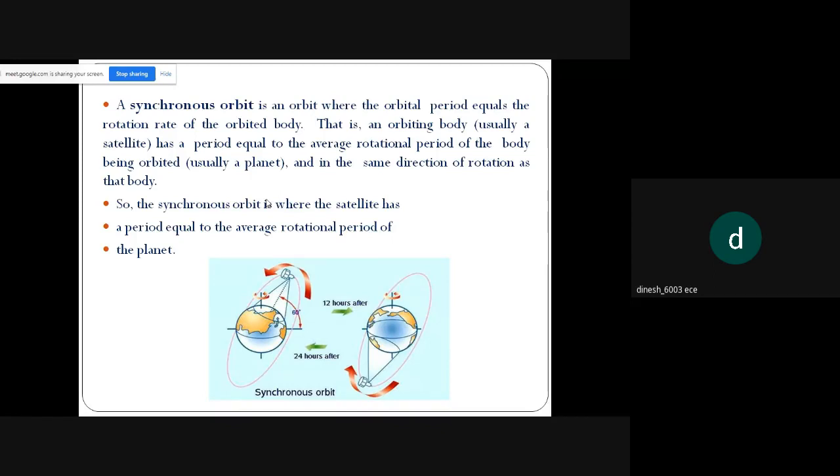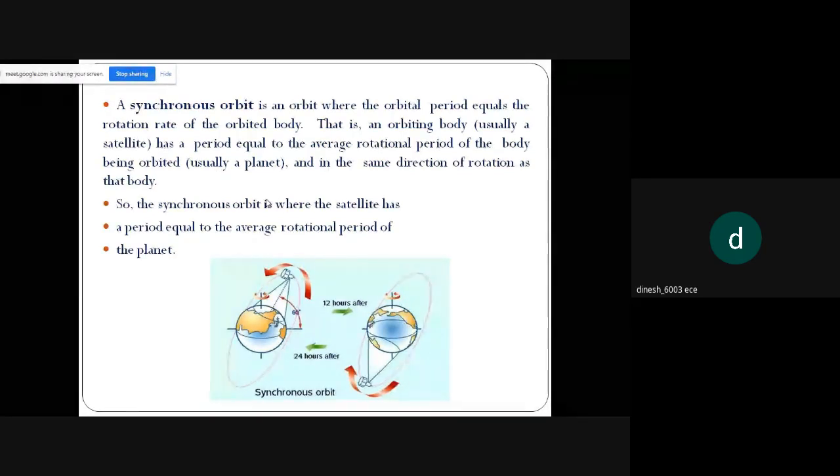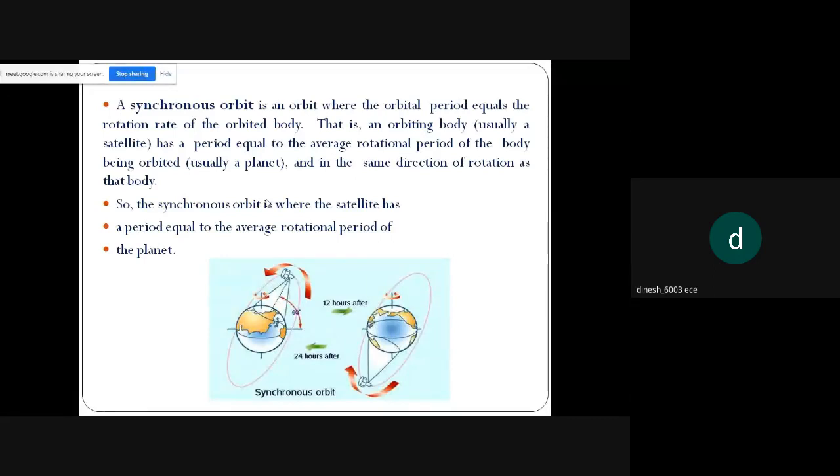Means, in which direction the satellite rotates, in which time period it rotates, that will be equal to the rotation period of the Earth also. The rotation period of Earth will be equal to the rotation period of the satellite which is present in that particular orbit. So that type of orbit we call as synchronous orbit.